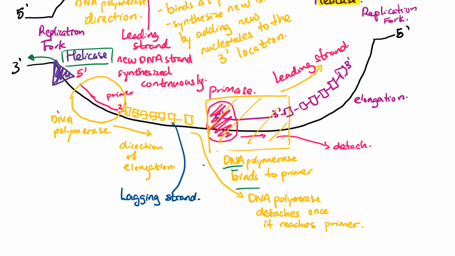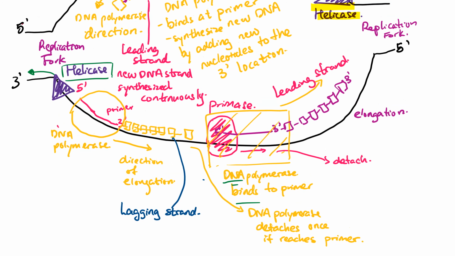Okay. So let's focus here, right? Now this DNA polymerase has started synthesizing, it's moving forward, it is a leading strand, and the primers have already left. Okay, and now we have the lagging strand synthesizing a new strand of DNA, and it reached the primers.